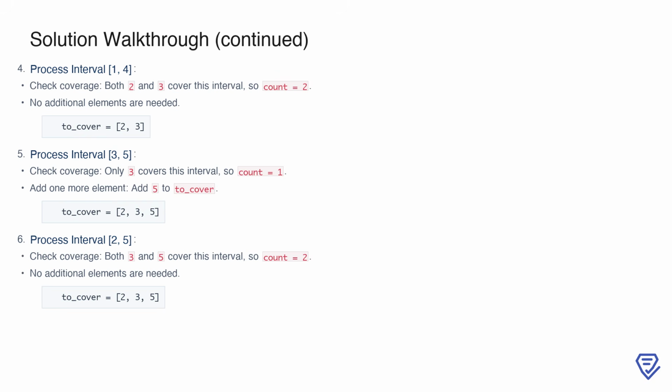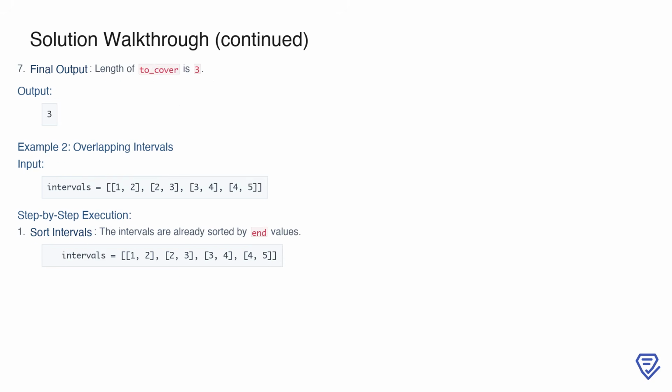Finally, for the interval [2,5], both 3 and 5 from to_cover are within the range, so the count is 2, and the interval is fully covered. No additional elements need to be added, and to_cover stays 2, 3, 5. At the end of processing all intervals in this example, the to_cover list contains 3 elements: 2, 3, and 5. The length of to_cover gives the final output, which is 3.